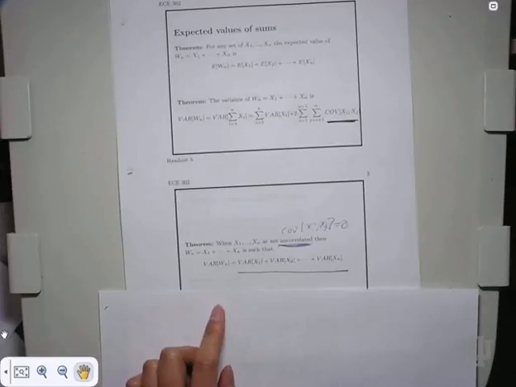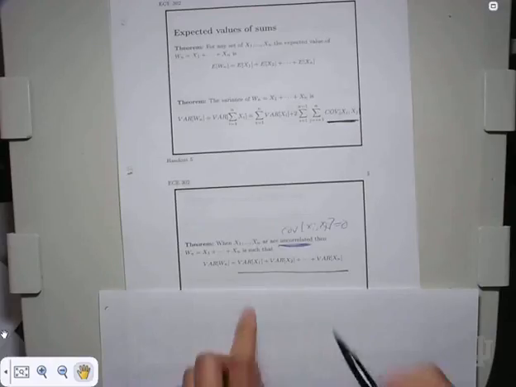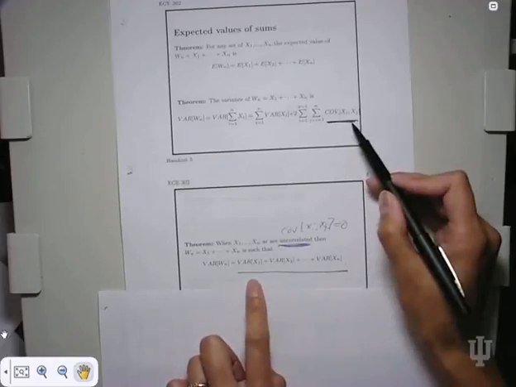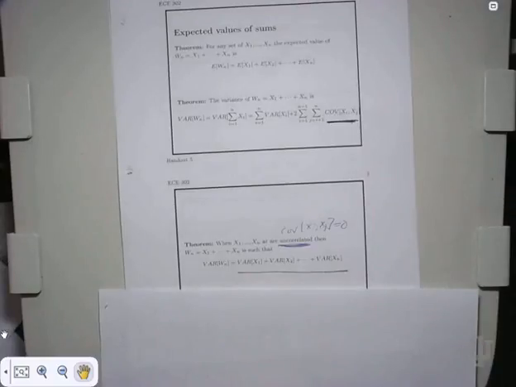How about if they are independent? This or this? If they are mutually independent with each other.